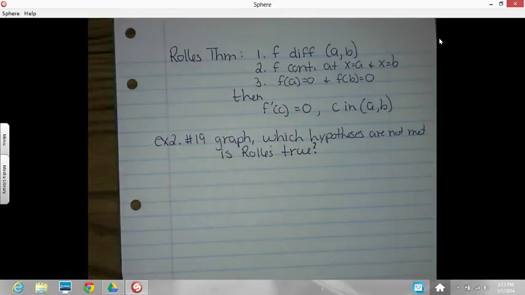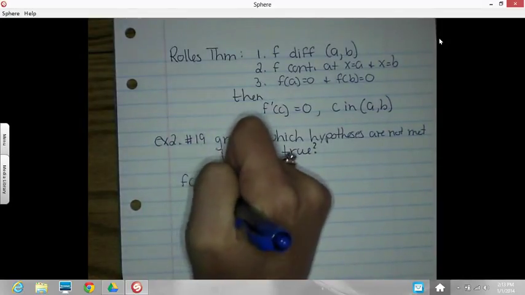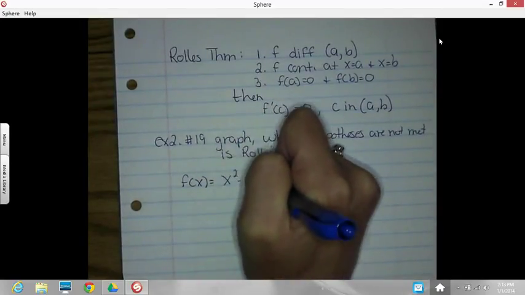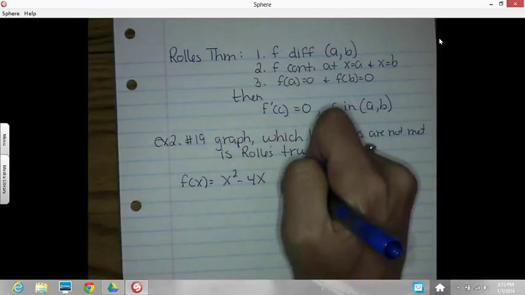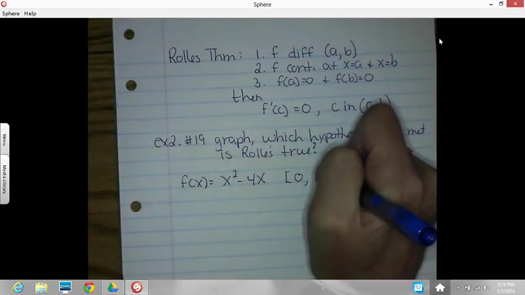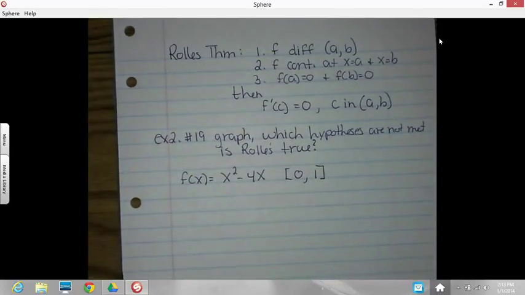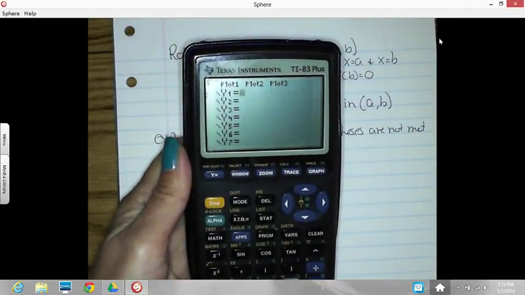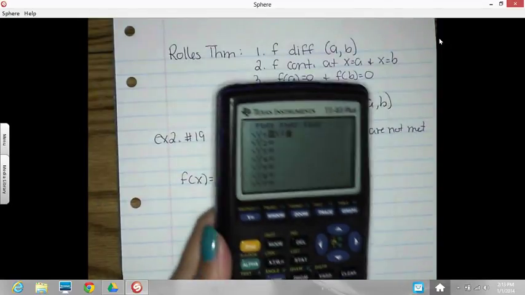In number 19, the equation is f of x equals x squared minus 4x. And the interval that's given is from 0 to 1. So if we take a look at the graph, you'll have good practice with windows on this assignment. x squared minus 4x.